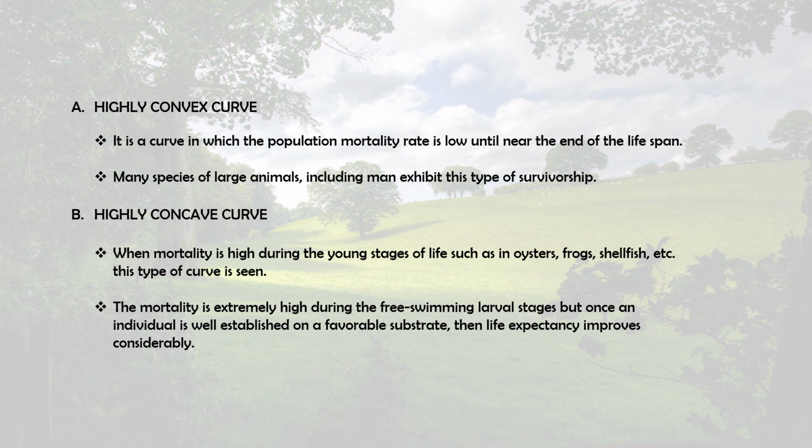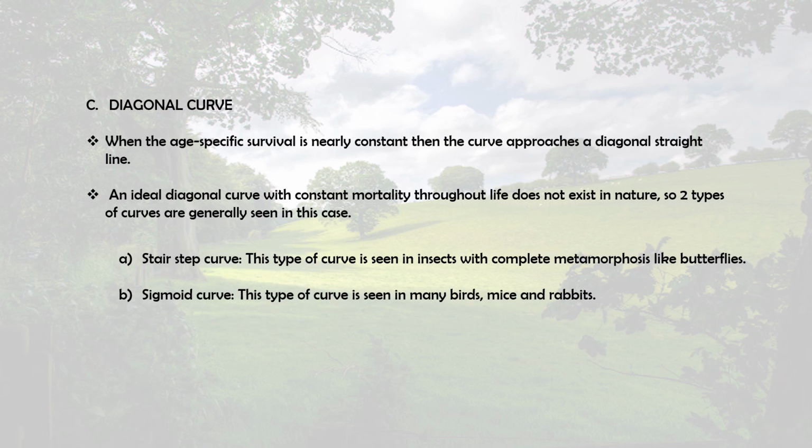And the mortality is extremely high during the larval stages, as this type of curve is seen in frogs, fishes, oysters, etc. So during the larval stages, there is a high rate of mortality, and when they settle down, based on their favorable conditions, their life expectancy improves. And the third one is diagonal curve.